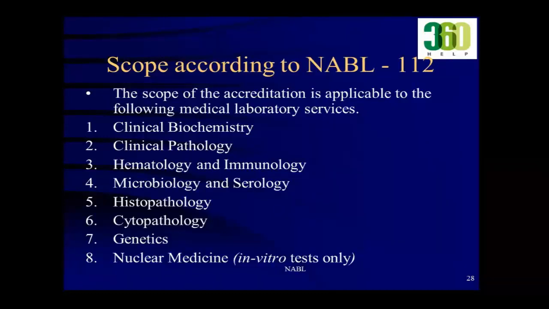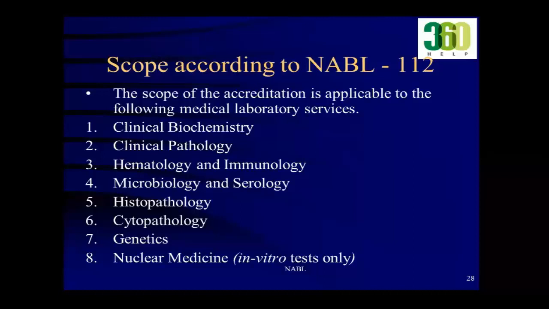In the same way, NABL has a document called 112, which is available freely on the NABL website. You can download it anytime. Even if you go to Google and type NABL 112, you can download that document directly, and that document has complete specific requirements for each specialty.